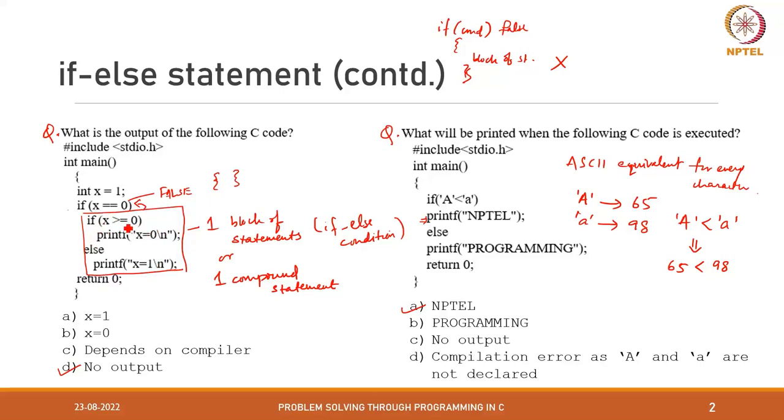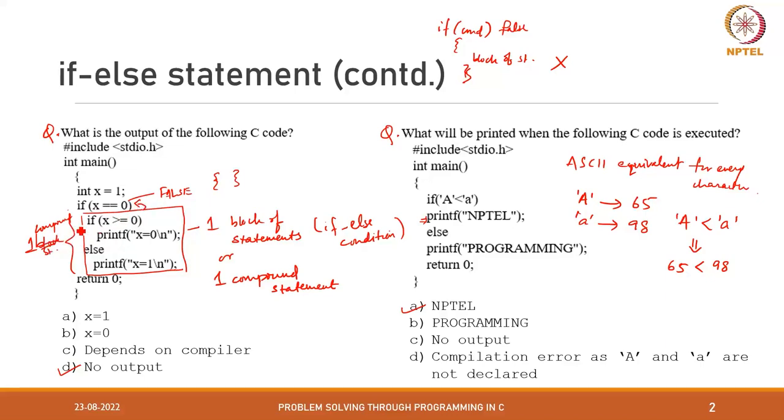So when you consider the next statement following this first if condition, the next statement is actually this entire thing, because this is one block of statements. This is one compound statement, you can say. So this is the next statement which occurs after this if x equals 0 condition. If this turns out to be false, this entire statement will not be executed.